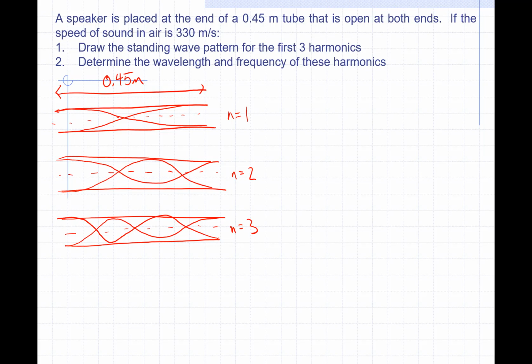Determine the wavelength and frequency of these harmonics. Well, here I have 0.45 meters is equal to, how many waves is this? That's half a wave. So lambda over 2, which means lambda equals 2 times 0.45, which is 0.90 meters.